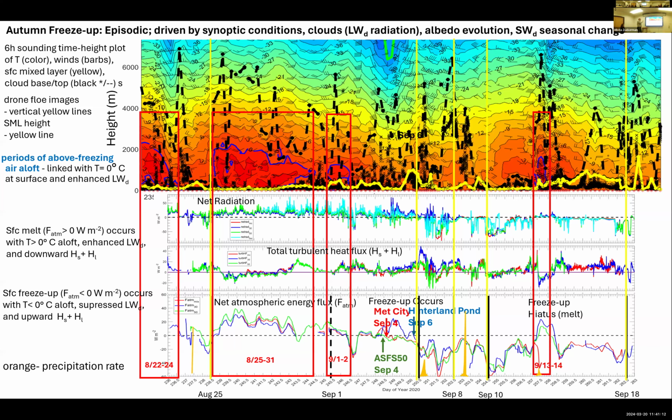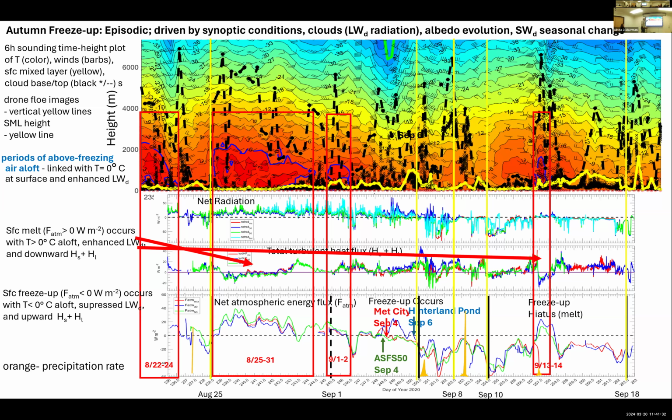And we can also look at some other parameters. In the atmosphere, there's temperature in the lower portion of the atmosphere, with the blue lines being the 0-degree isotherm. Next, we have above freezing air.